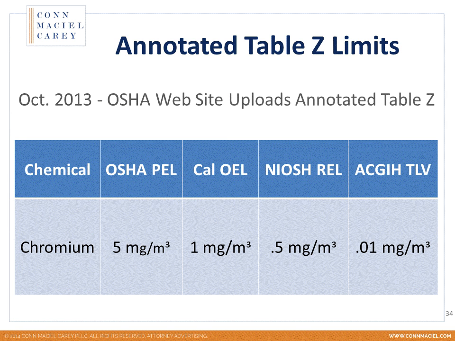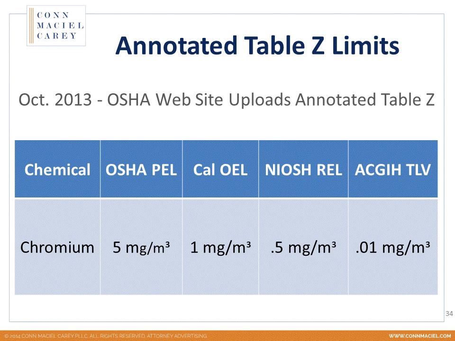I want to talk about an action OSHA took in October of 2013. As I mentioned earlier, OSHA lists their PELs in Table Z. That's 1910.1000 Table Z, tables 1, 2, and 3.